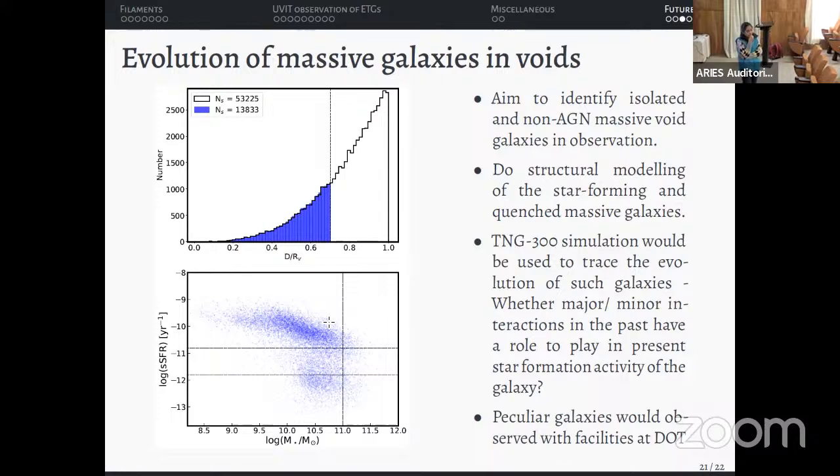No, that's completeness. I think it could be around 20. The 3 sigma detection limit would be around 24, 25 magnitude.